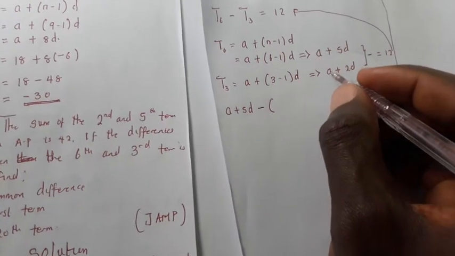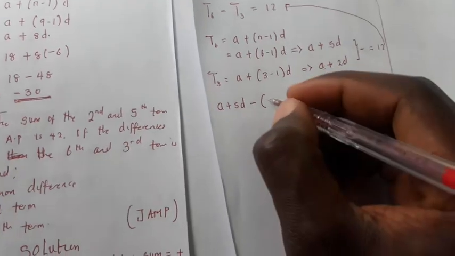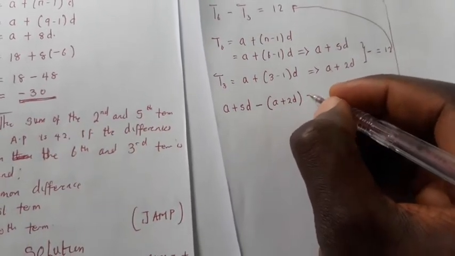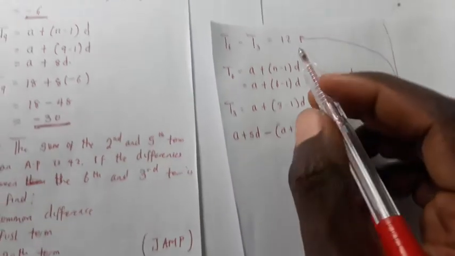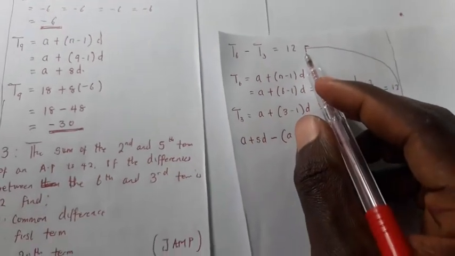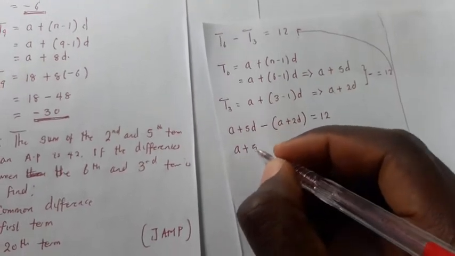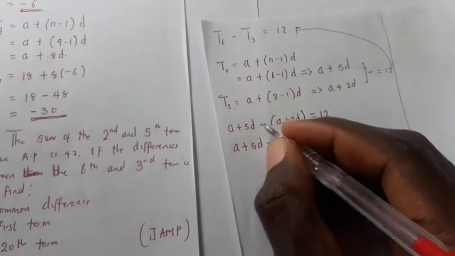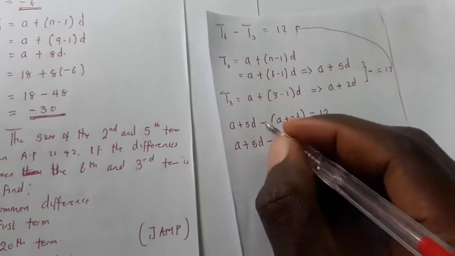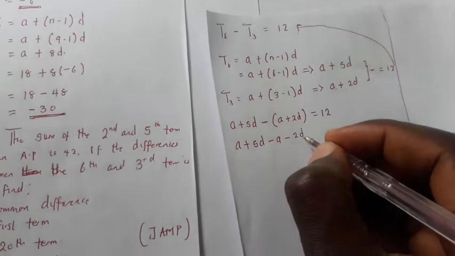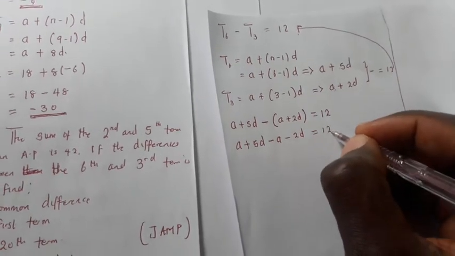So the negative will affect A and it will affect D. It will be A plus 2D inside the bracket, and everything equals 12. Let's solve further. We have A plus 5D, minus multiplied by A is minus A, minus multiplied by plus 2D is negative 2D, which equals 12.